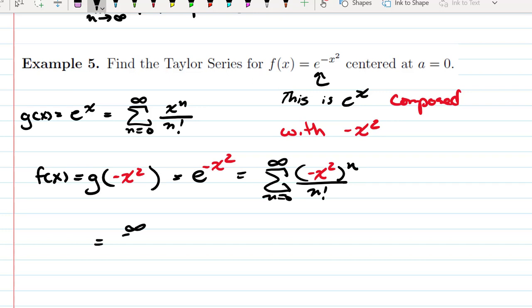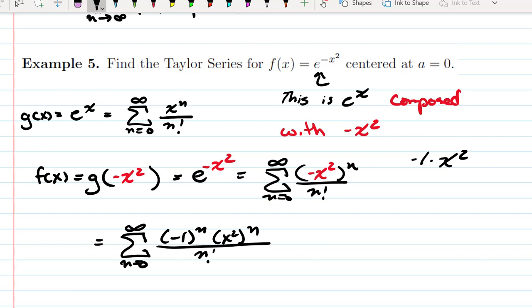So if we clean this up a little bit, we can write negative x squared as negative 1 times x squared, which would be negative 1 to the n times x squared to the n all over n factorial, which would be the sum as n goes from 0 to infinity of negative 1 to the n x to the 2n all over n factorial.